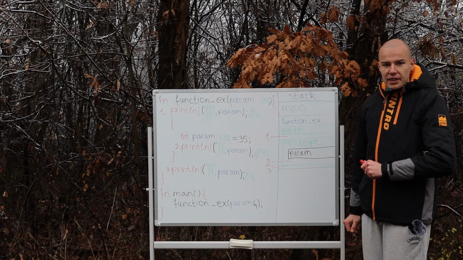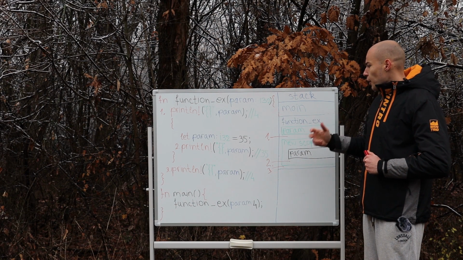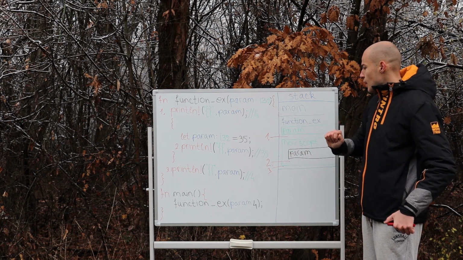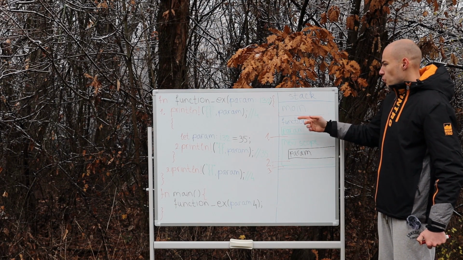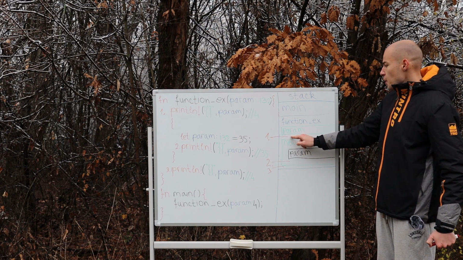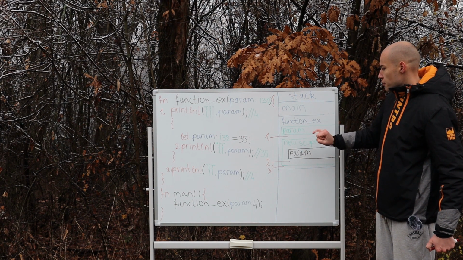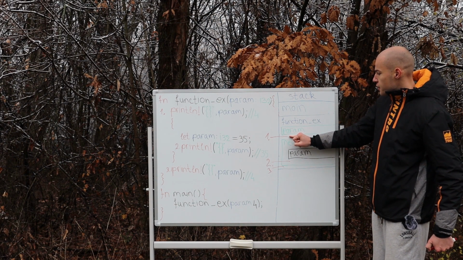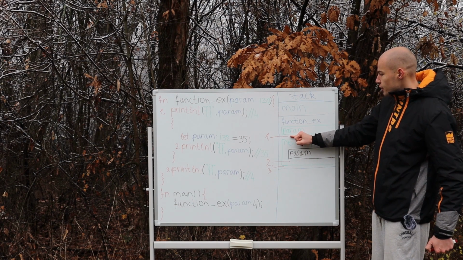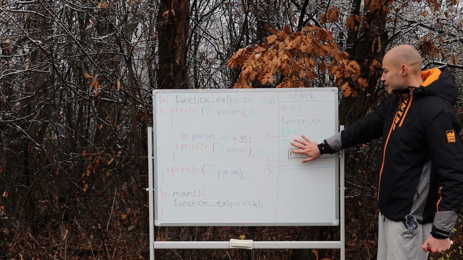Okay, let's go one at a time. The first println is right here. So how do we get the result 4? Well, if you take a look at it and think about it, at the moment of its execution, we only have this part right here. And when we try to invoke the param variable, our compiler is going to start searching for it from that point upwards, because at this moment this part does not exist.